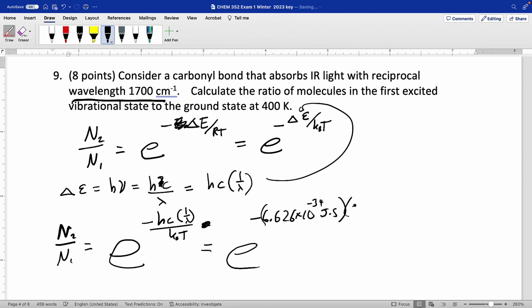We've got the speed of light, and because our reciprocal wavelength is in reciprocal centimeters, let's put this into centimeters. So I'll say 3 times 10 to the 10th centimeters per second. And our reciprocal wavelength was 1700 reciprocal centimeters.